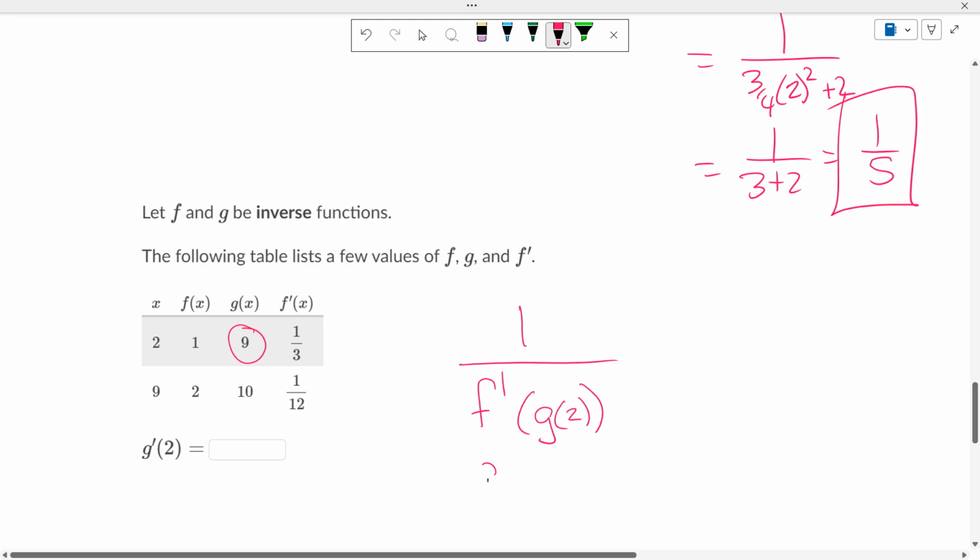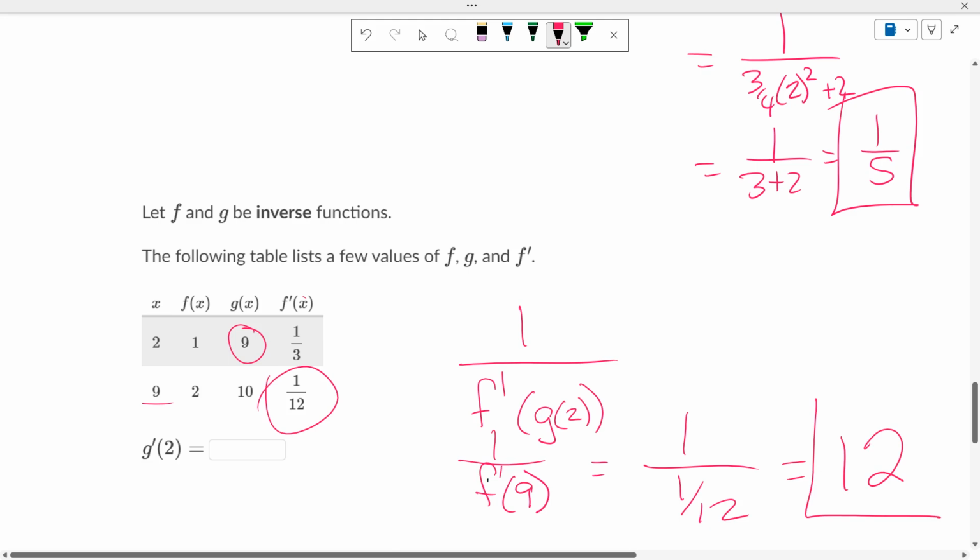So we're finding 1 over the first derivative of f at 9. What's the first derivative of f at 9? It's 1/12. So it's 1 over 1/12, and 1 divided by 1/12 is 12.